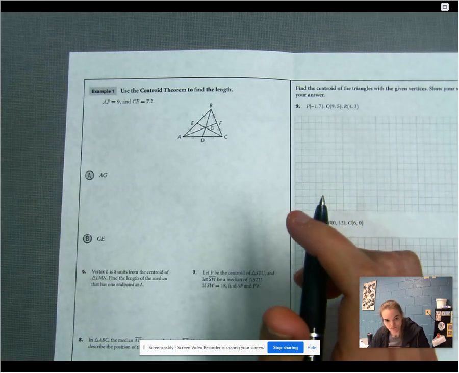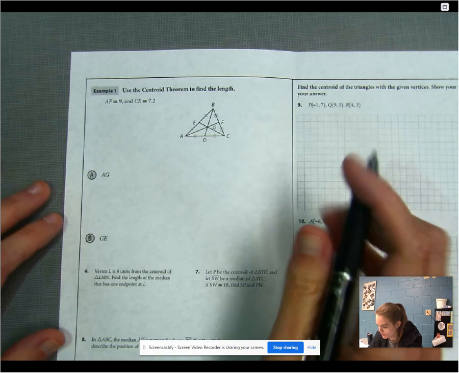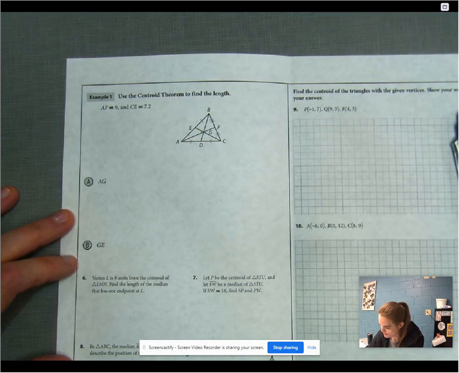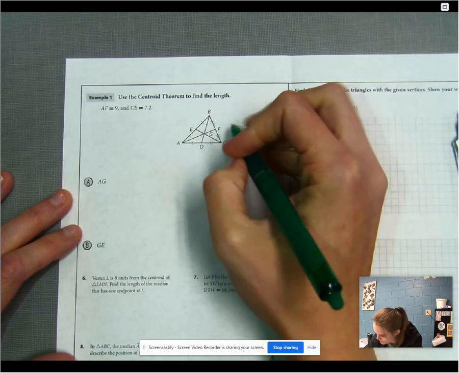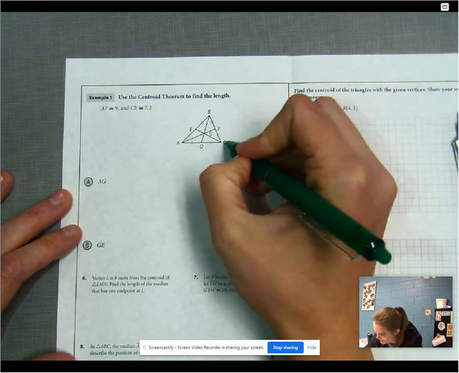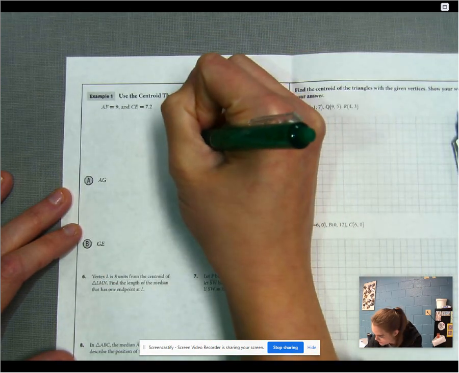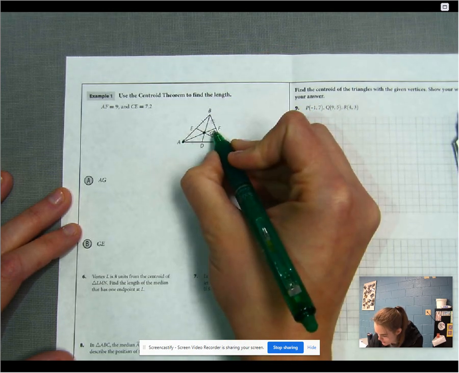Example 1. Use the centroid theorem to find the lengths. We are given that AF is equal to 9. So the whole thing is equal to 9. We are given that CE, the whole thing, is equal to 7.2. So we're going to find AG. Here is AG. AG is part of AF.